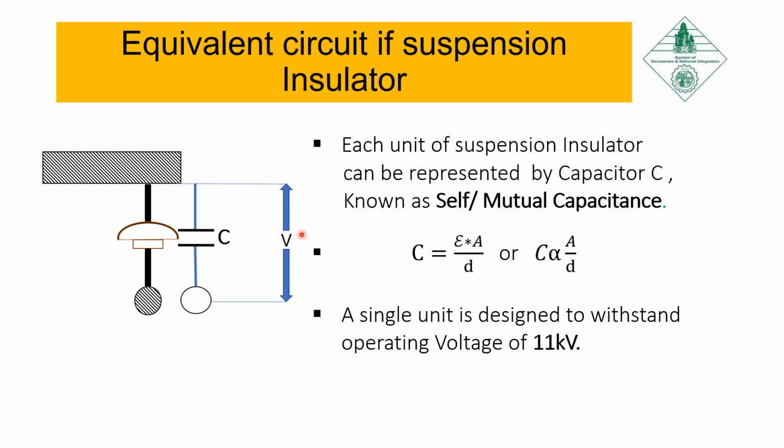With the above concept, we can represent a disk of suspension insulator by an equivalent capacitor, because the disk of insulator behaves like a dielectric material or insulating material placed between two metal links, which constitute a capacitor.